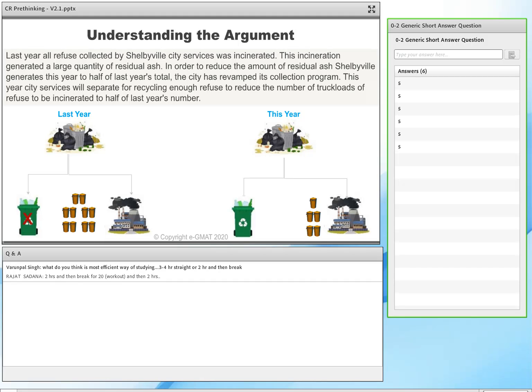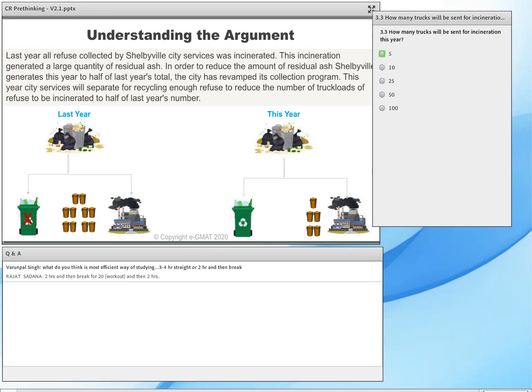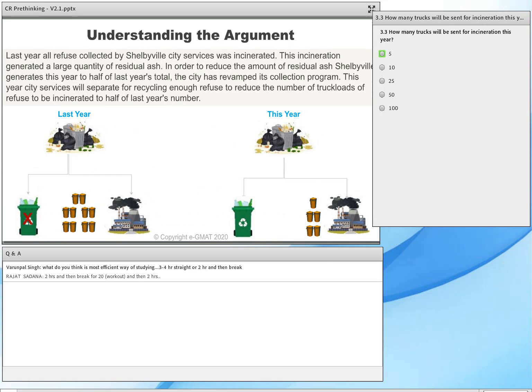Now my question to you is, if instead of collecting the same amount of refuse, and I want you to read the argument and then answer this question, if I collect not the same amount, but 10 times as much refuse, if I collect 10x as much refuse, but this actually starts to become really, really big, then how many trash cans or trucks will I be sending for incineration?